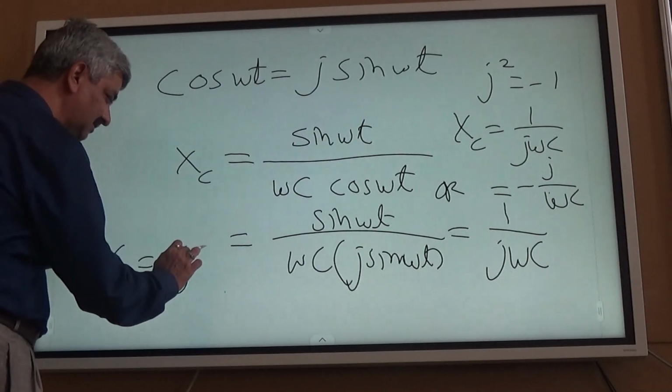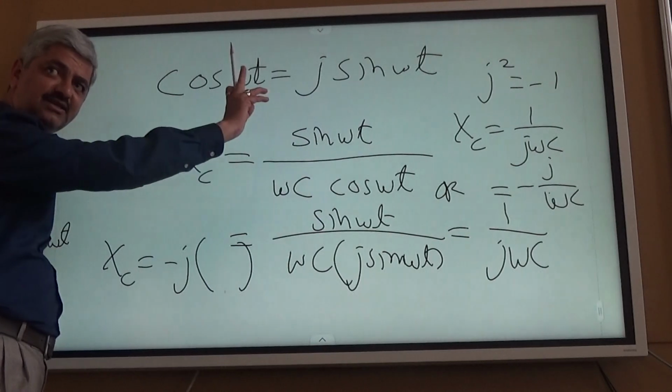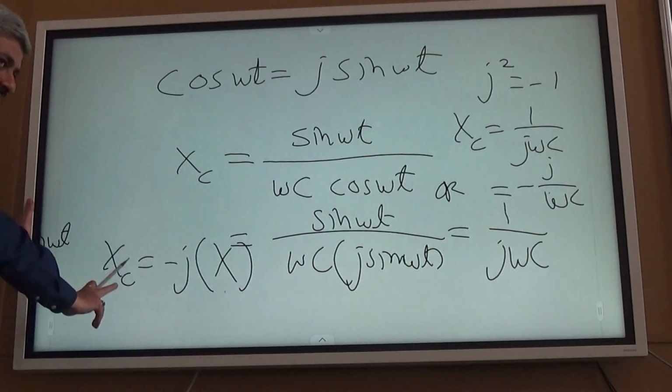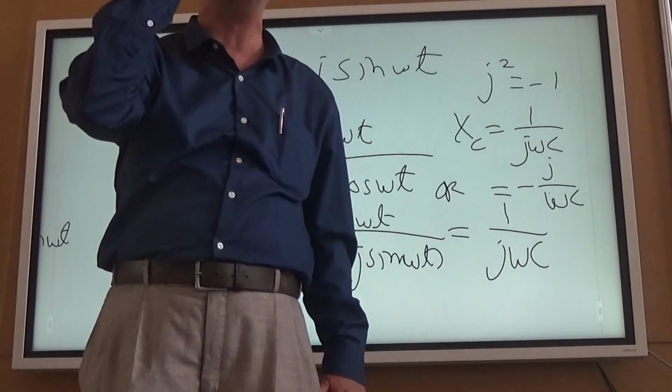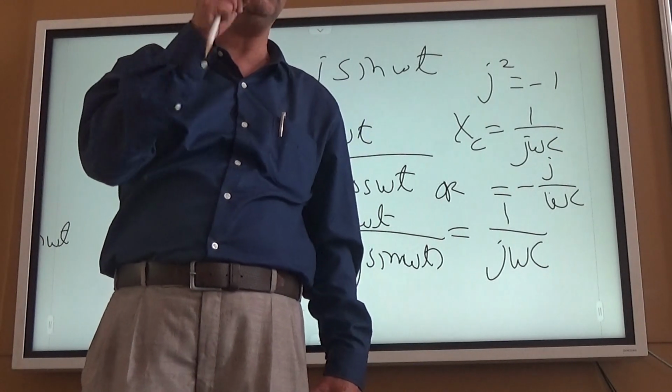Minus j into some value, right? 1 upon omega c will be some constant. So capacitive impedance is a negative imaginary number.